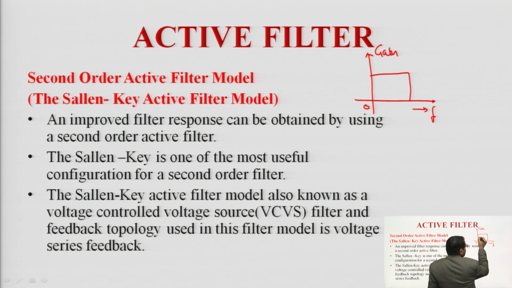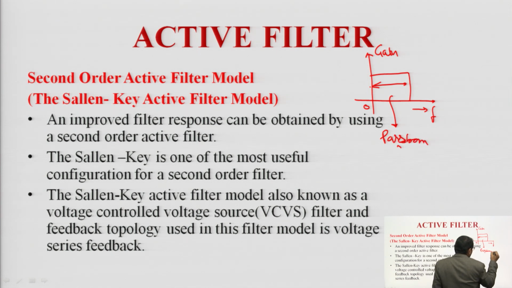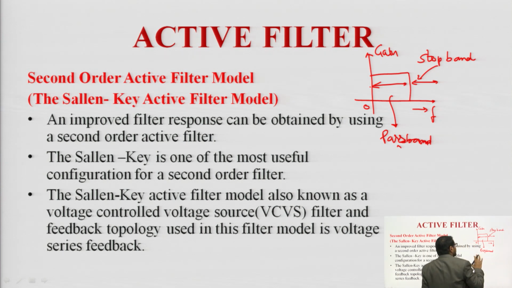Where the gain is almost constant, this section is considered the pass band of a low pass filter. And where the gain is 0 or almost 0, or starts to decrease from a constant value, this band is defined as the stop band.